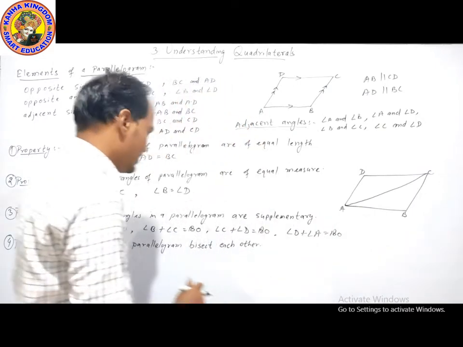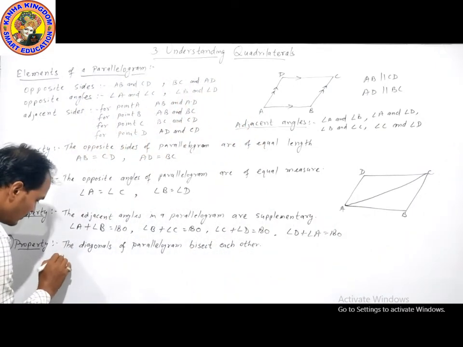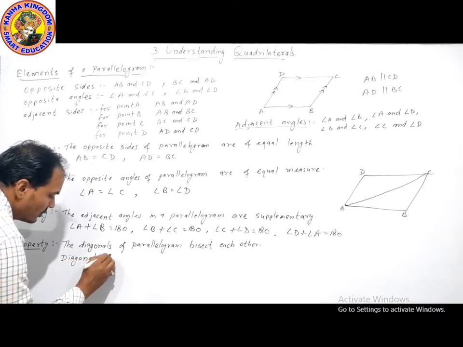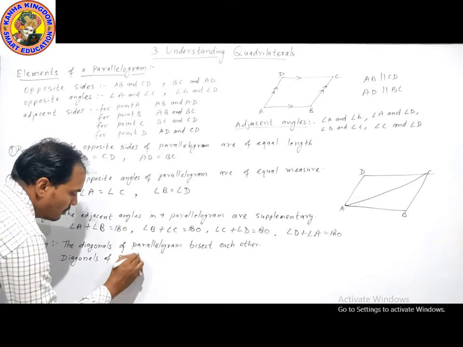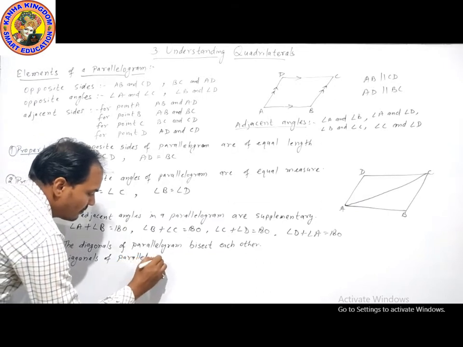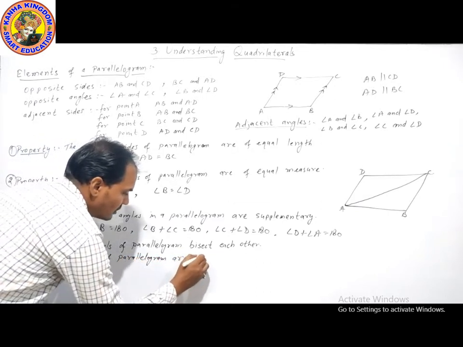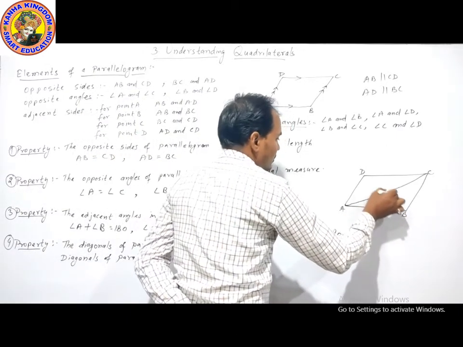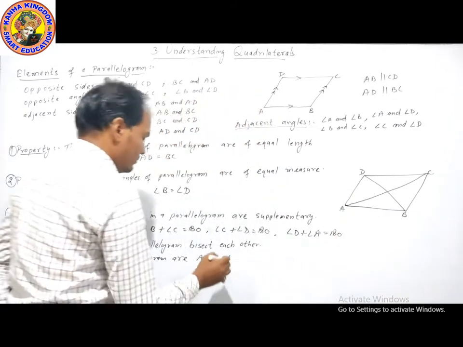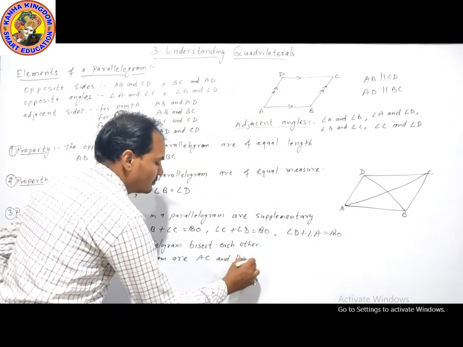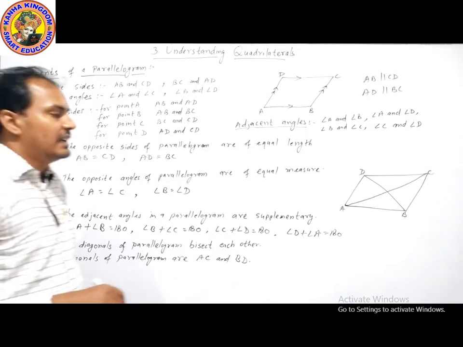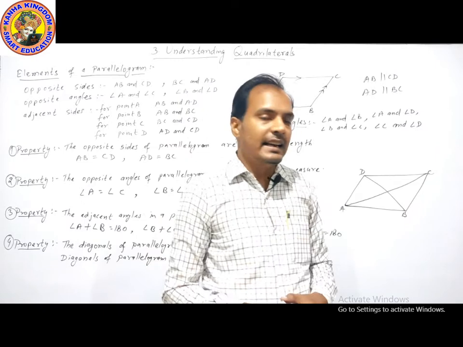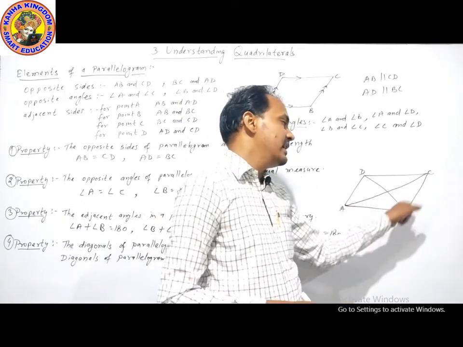Diagonal is AC. The diagonals of a parallelogram are AC and BD. If we draw a line between opposite points, so there are 2 diagonals, AC and BD.